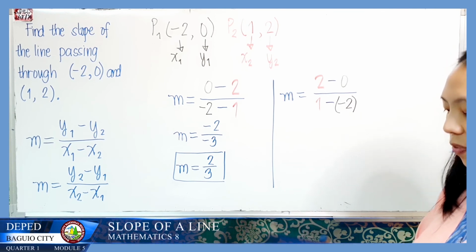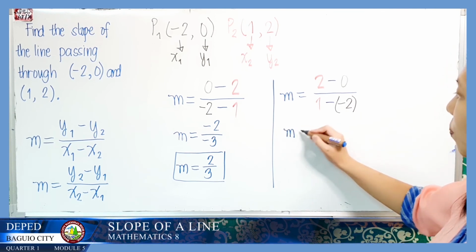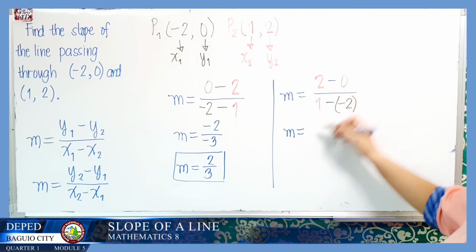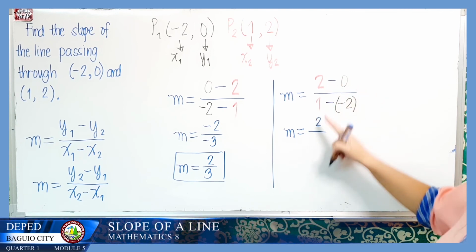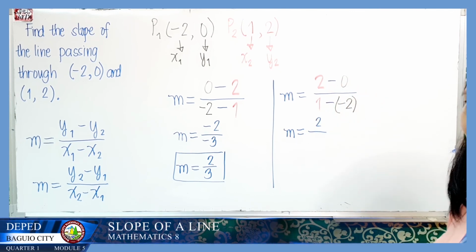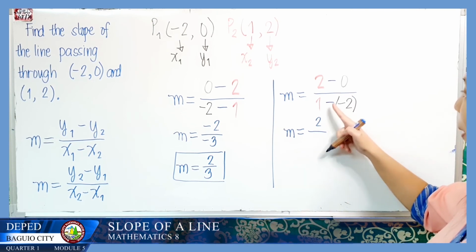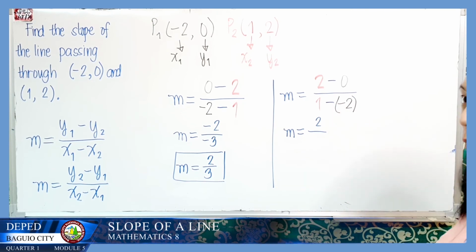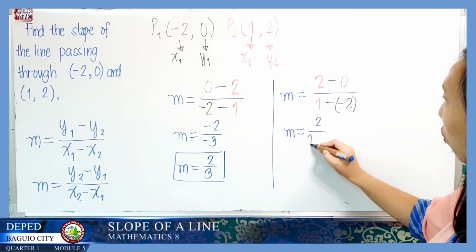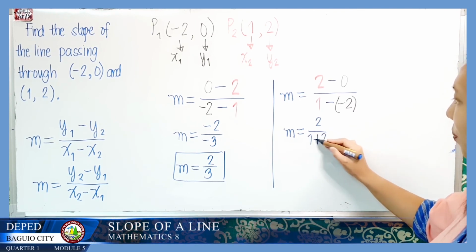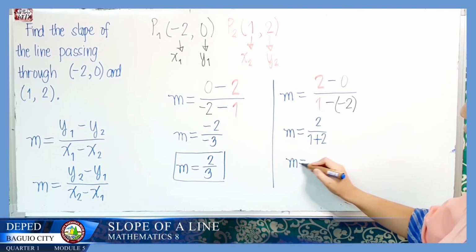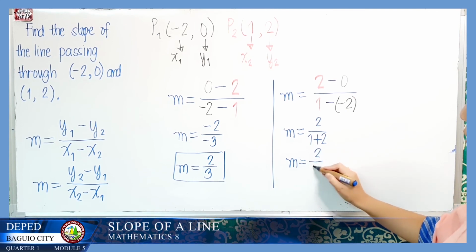Let's further simplify that. The slope is equal to 2 minus 0 is 2 over 1 minus -2, which is 1 plus 2. Simplifying further, we shall be having 2 over 3.